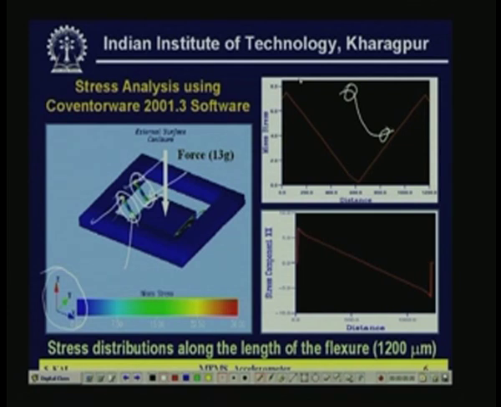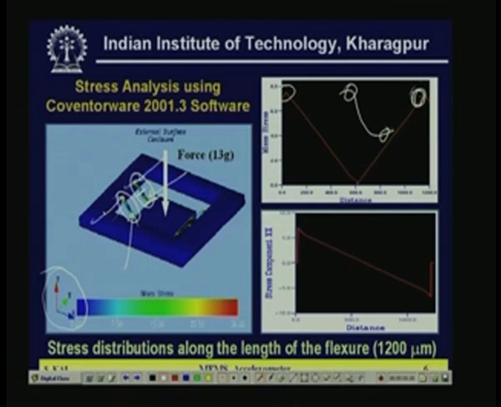Similarly, here very close to the frame end, the maximum peak points are there. This is the maximum peak region, the maximum stress, and here is the minimum. The same thing is shown in the color diagram also, a blue color here.